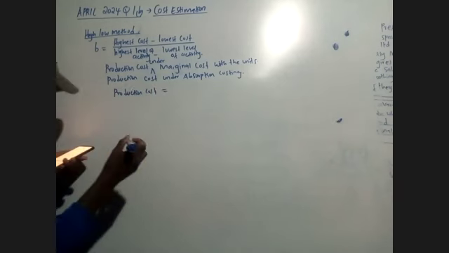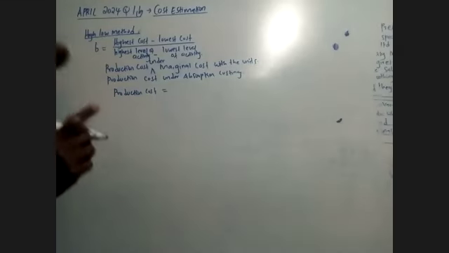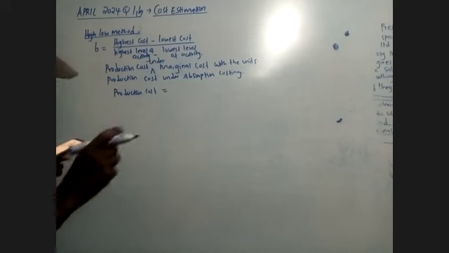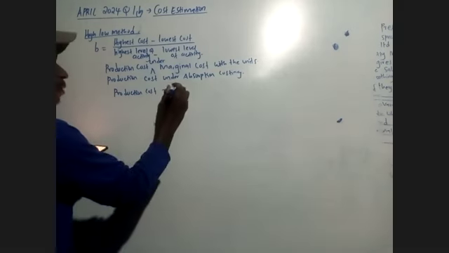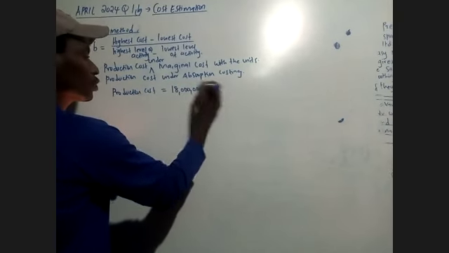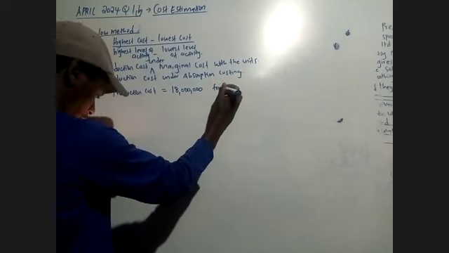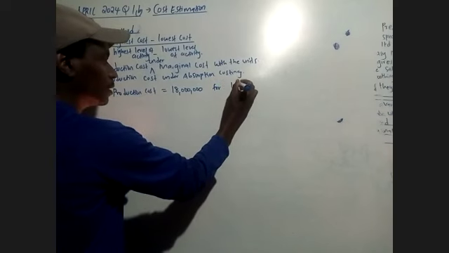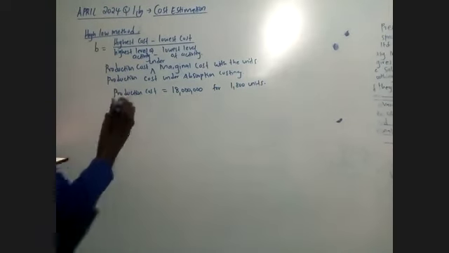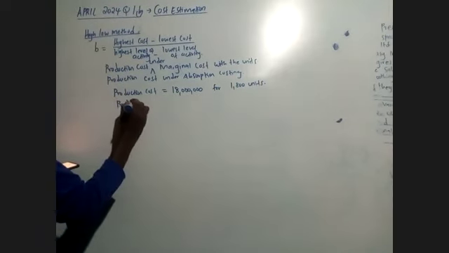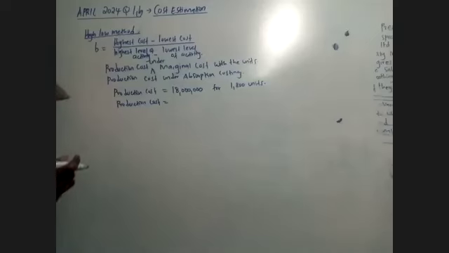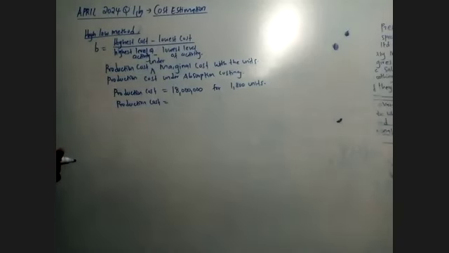Now here you say production cost under absorption. How much is the production cost under absorption? We go up to sales, below it less cost of sales, then production. So how much is production? 18 million. How many units? 1,800 units. Now we need to determine the production cost under marginal costing.